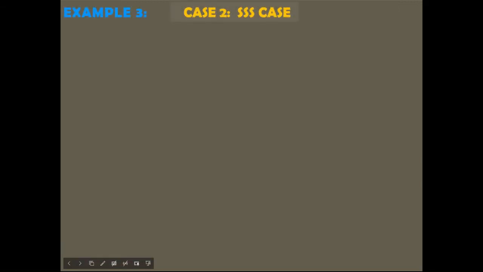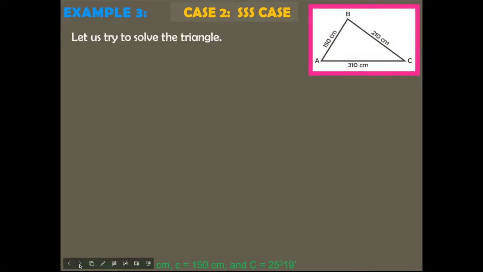Now let us continue solving for the triangle, meaning we will find the other two missing angles of the triangle. We are given the three sides, sides A, B, and C, and then angle C. So let us solve for angle A next.